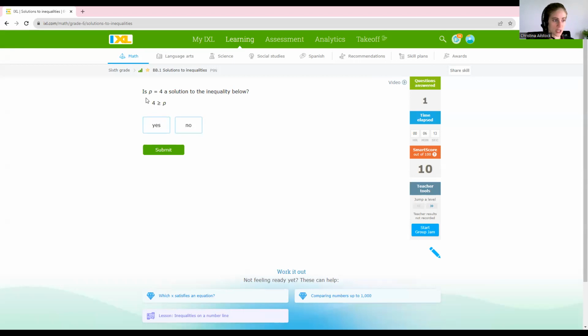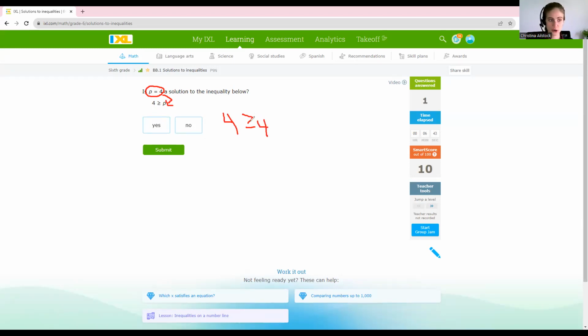4 is greater than or equal to P. All right, there's two different ways that we can look at this, and I'm going to do this problem in both formats. The first way is to do it like we just did, where, to help us visually, I can see here that P is equal to 4, so I'm going to plug that in so I can visualize my inequality statement here and make sure that it's correct.